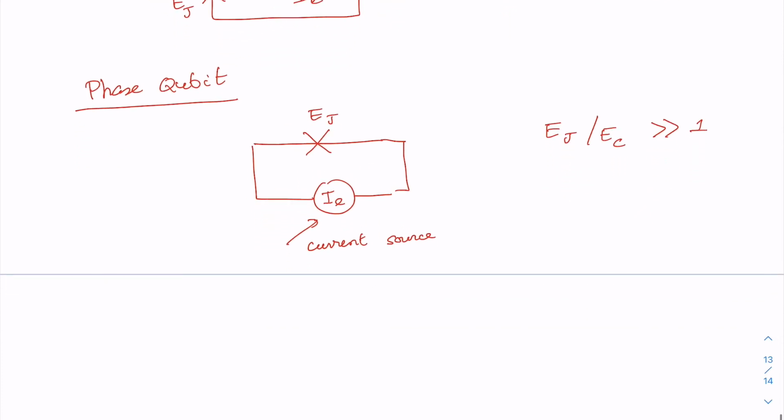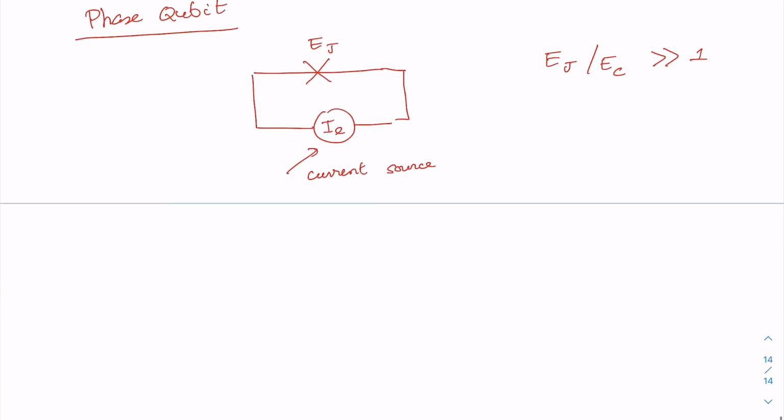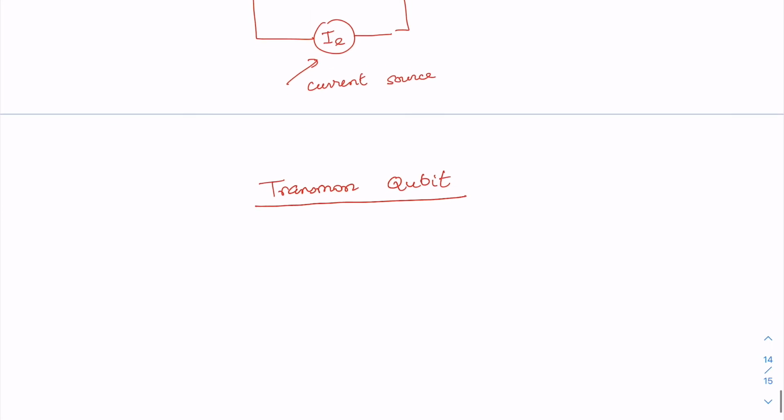Now, one particularly important qubit is the so-called Transmon qubit, which is heavily used in circuit quantum electrodynamics, and this is what we are going to discuss in some detail now.